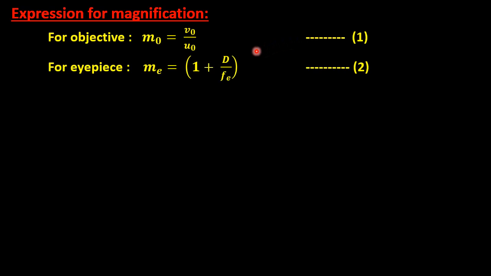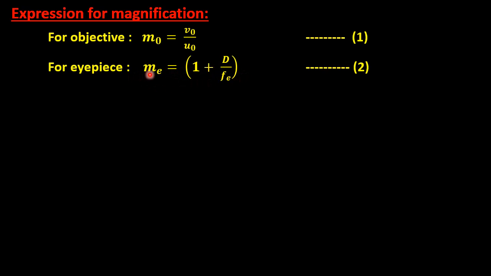Now let us find the expression for magnification. For the objective lens, the magnification denoted by M0 equals V0 by U0, from the formula M equals V by U. Let this be our equation number 1. The magnification due to the eyepiece, using the formula for the simple microscope, is ME equals 1 plus D by FE.